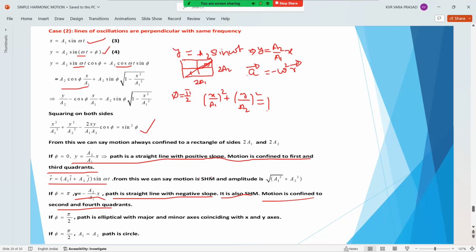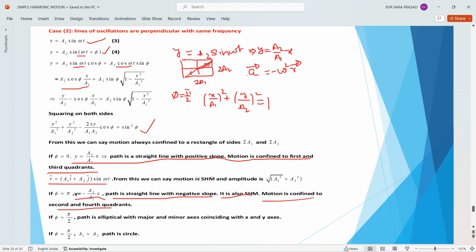If you are taking phi equal to 90, (x by a1) whole square plus (y by a2) whole square equal to 1. So this is the equation of an ellipse. That means an elliptical path is a combination of two simple harmonic motions whose lines of motion are mutually perpendicular, having the same frequency with different amplitudes.